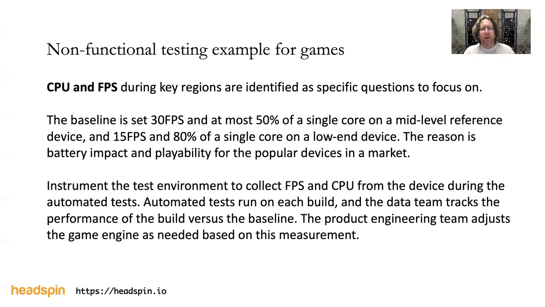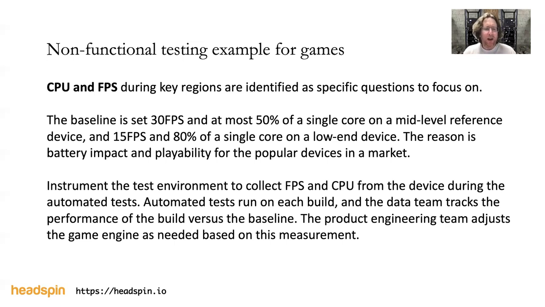The team is either looking at peers or going by their own internal definition of what they want to do, but they've established the baseline and specific questions about the raw data they're collecting during their manual and automated tests to measure that baseline.